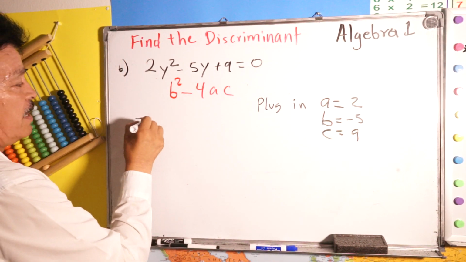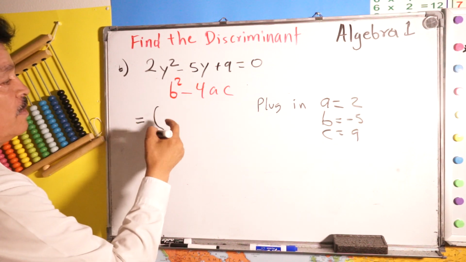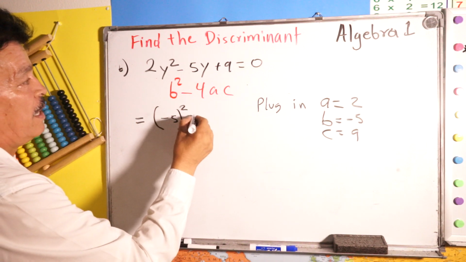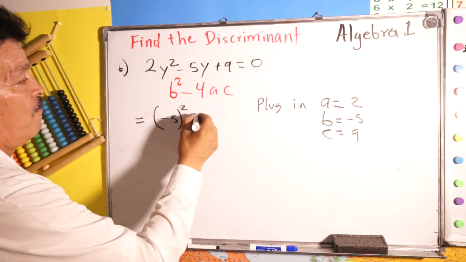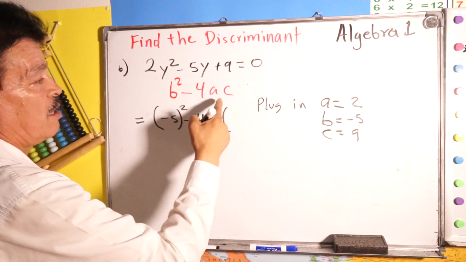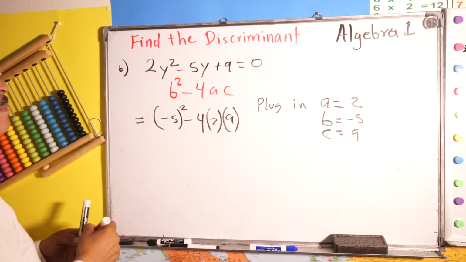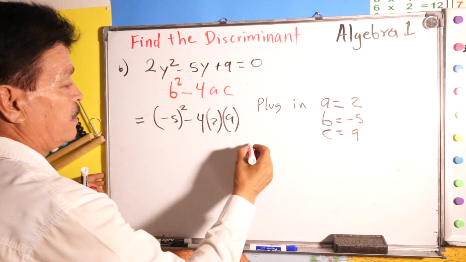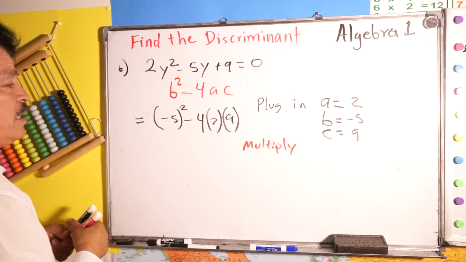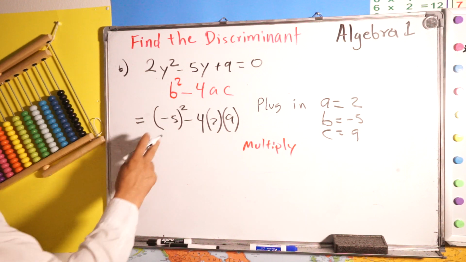So we are going to have, first, negative 5 to the second power minus 4 times a, how much is a? 2. Times how much is c? 9. Right? So now multiply here.